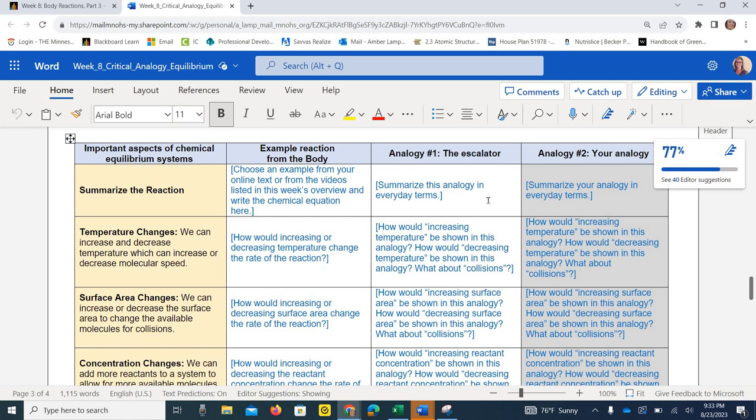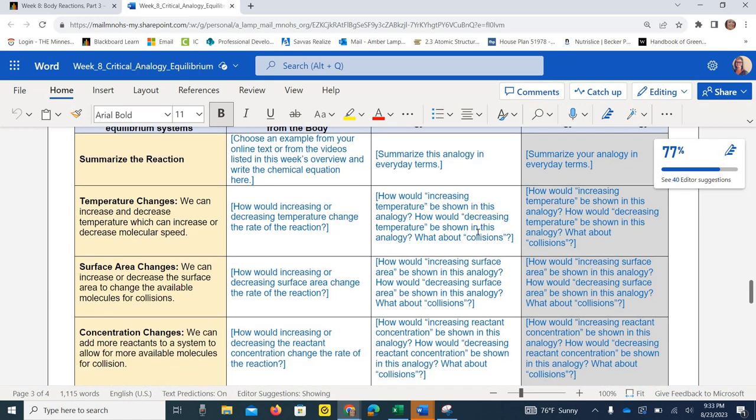The next step would be temperature changes. And it says, how would increasing temperature, in quotes, be shown in this analogy? How would decreasing temperature be shown in this analogy? And then what about collisions? So with this one, we're not going to necessarily have collisions, but we can talk about temperature. And for me, increasing temperature would be increasing possibly the energy at which the people on the escalator have.